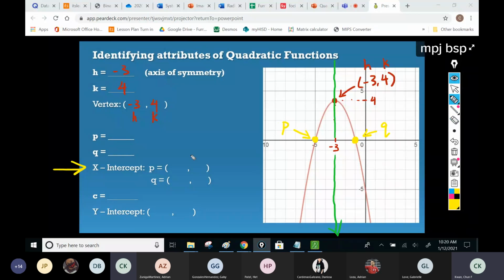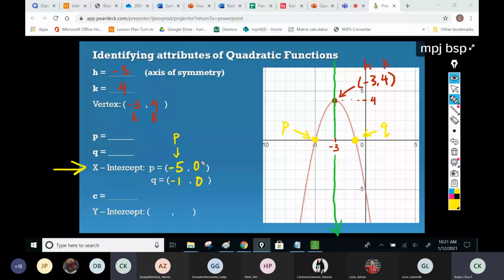So P is (-5, 0). And then Q is (-1, 0). And then P also refers to this number right here.